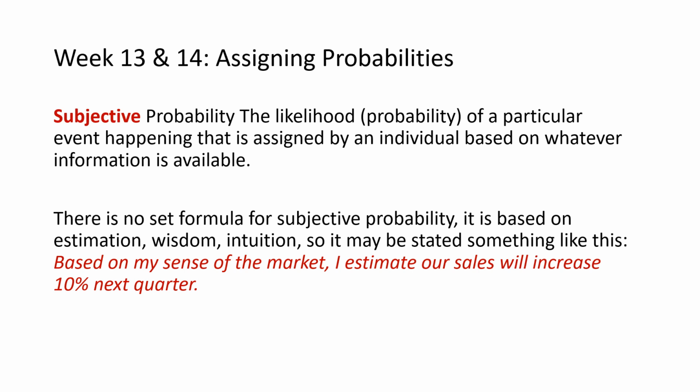And there's no way to really quantify those things. If someone said, the last sentence here, based on my sense of the market, I estimate our sales will increase 10% next quarter. Well, what is sense of the market? There's no number that I can put on that. This is just intuition. And so we call this subjective.